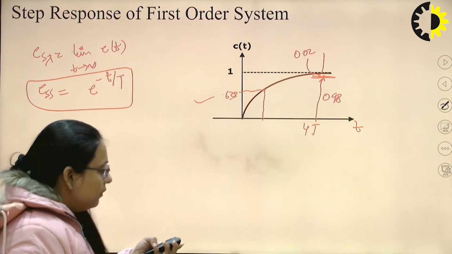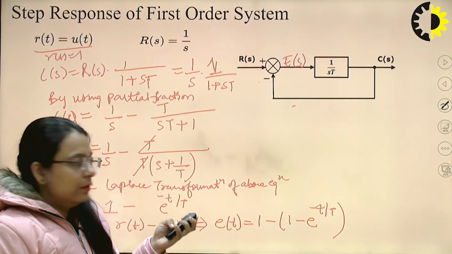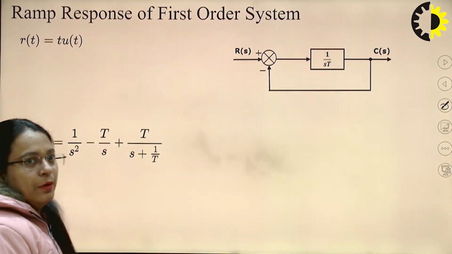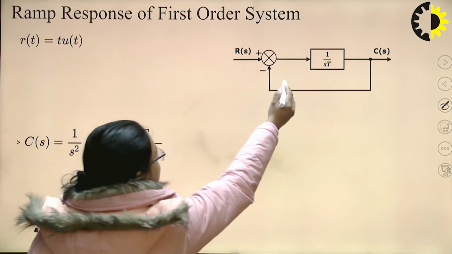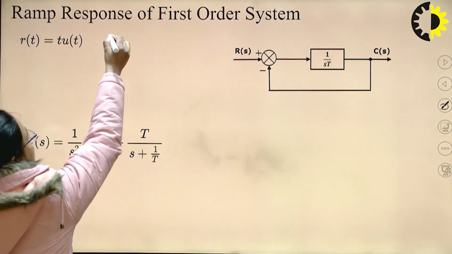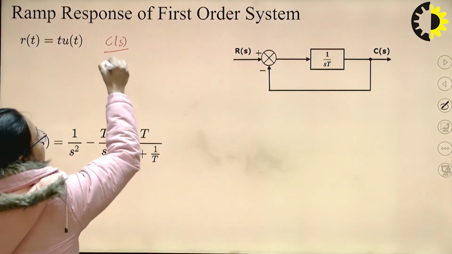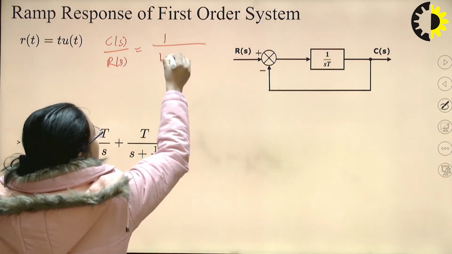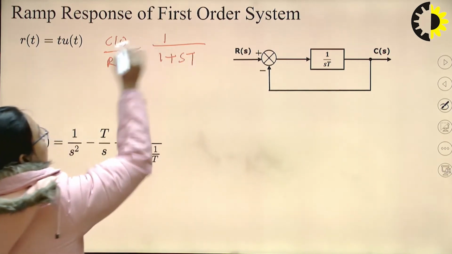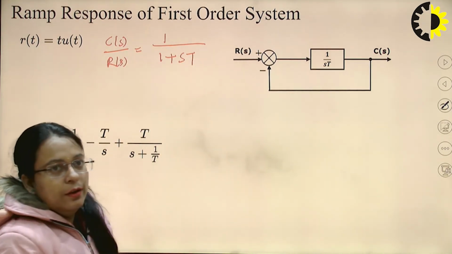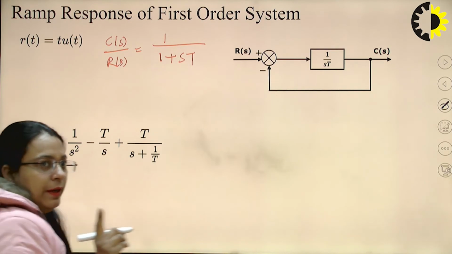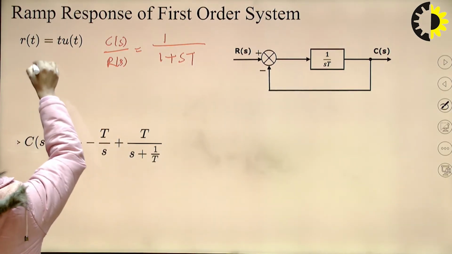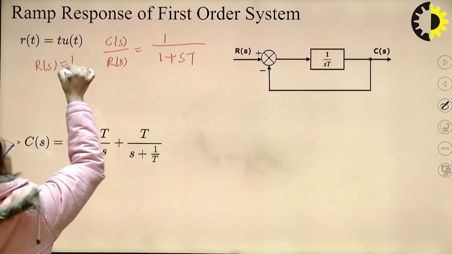Now coming to the ramp response of the system. So same system I have taken here. Again we can write the value of C(s) upon R(s) as 1 upon 1 plus sT. Now the value of r(t) we will take as t into u(t) for ramp input, and for unit ramp, R(s) will be equal to 1 by s square.